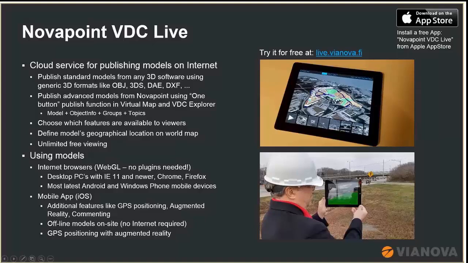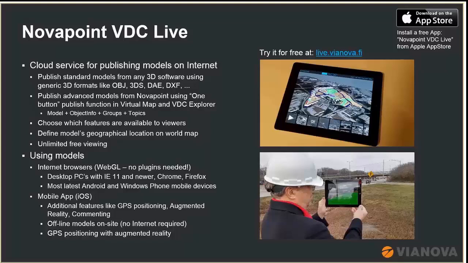We are in Wisconsin, USA, using the iPad on the construction site to see how the design looks from this specific position. It also has an offline feature, because on the site you may not have very fast internet, so you can download the model to be able to use it inside the construction site if there is no internet available.